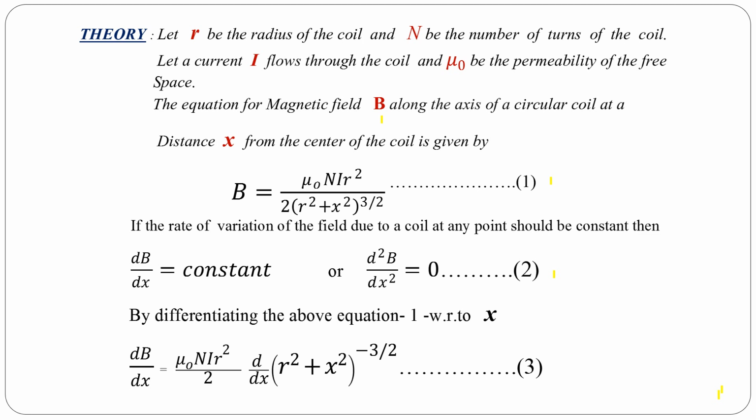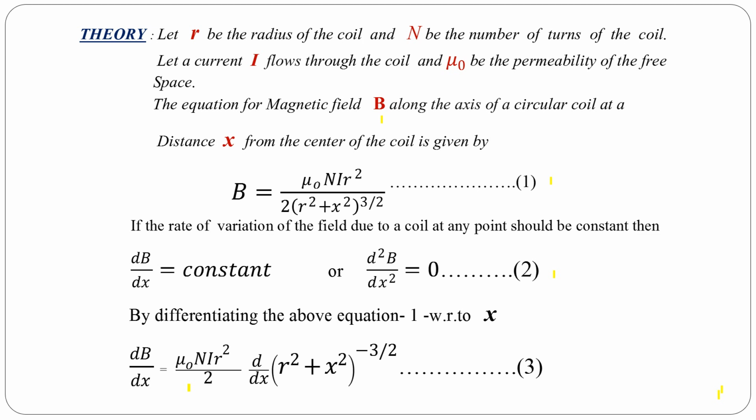By differentiating the above equation 1, that is B is equal to mu naught N I r square divided by 2 into r square plus x square whole to the power of 3 by 2, we can write it as dB by dx is equal to constant term is taken outside here, that is mu naught N I r square divided by 2 and d by dx of r square plus x square whole to the power of minus 3 by 2.